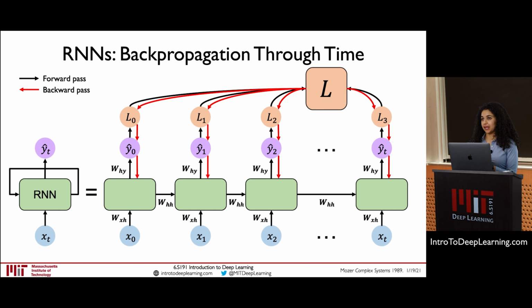Instead of backpropagating errors through a single feed-forward network at a single time step, in RNNs, those errors are going to be backpropagated from the overall loss through each individual time step, and then across the time steps, all the way from where we are currently in the sequence back to the beginning. And this is the reason why it's called backpropagation through time. Because as you can see, all of the errors are going to be flowing back in time from the most recent time step to the very beginning of the sequence.